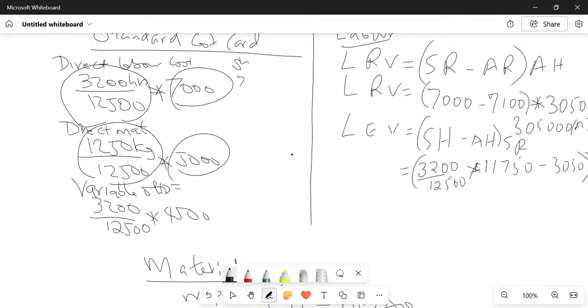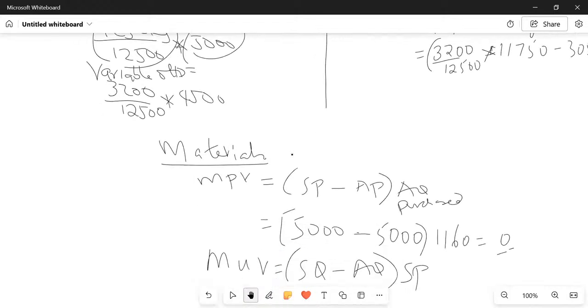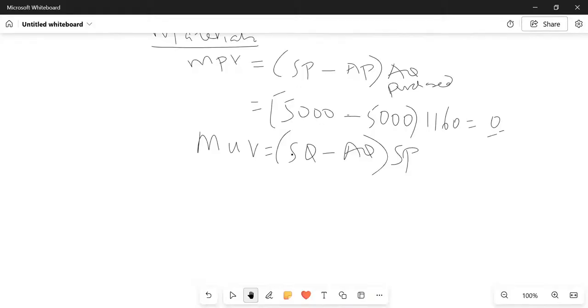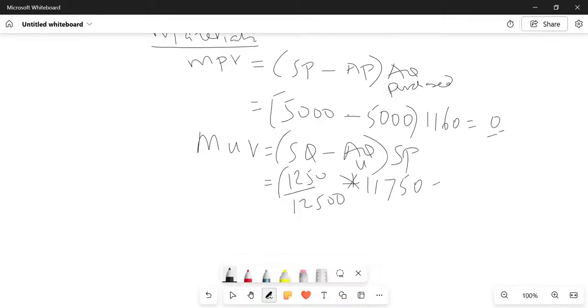So the standard quantity is 1250 over 12,500, but times actual production. How many kilometers did you guys do? We actually did 11,750. Do we have the actual quantity of materials used? 1160. Do we know the standard price per kilogram? 5,000.